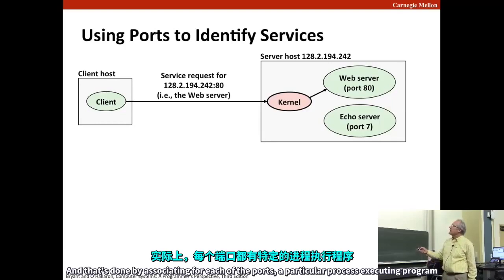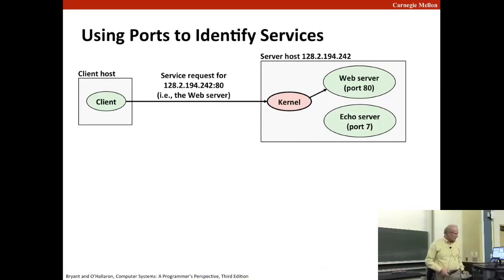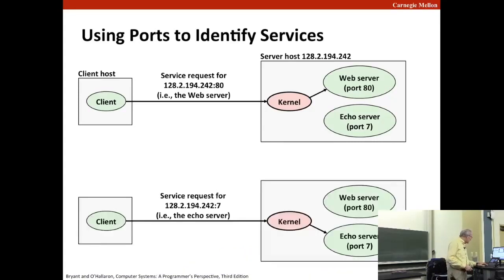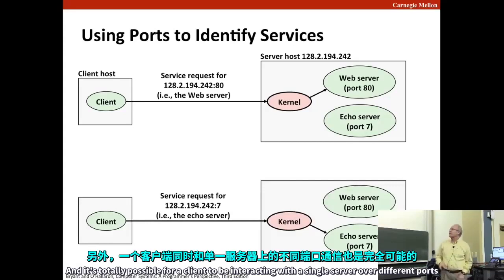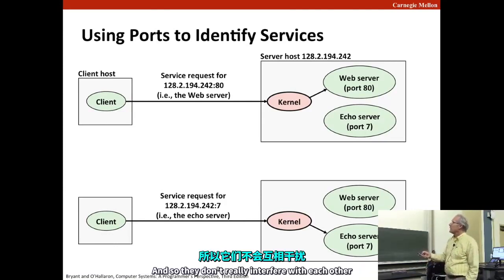That's done by associating with each of the ports a particular executing process that's going to handle those particular requests. And it's totally possible for a client to be interacting with a single server over different ports. But those are considered different connections, so they don't really interfere with each other.